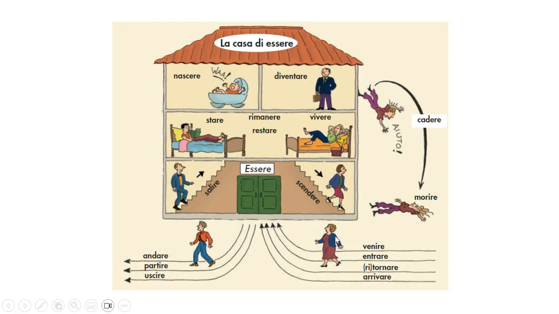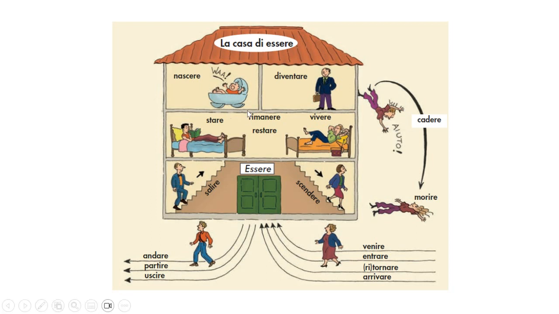Take note of these verbs. They are all used with the auxiliary verb to be. For example, sono andato, sono partito, sono uscito, sono diventato, sono nato. Oh, this one is different from the structure we saw of removing -ere and putting -uto.